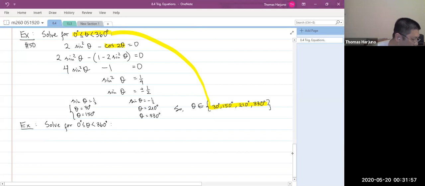Now, suppose I do this question. So for that, 2 cosine squared 3 theta plus cosine 3 theta minus 1 equals 0.